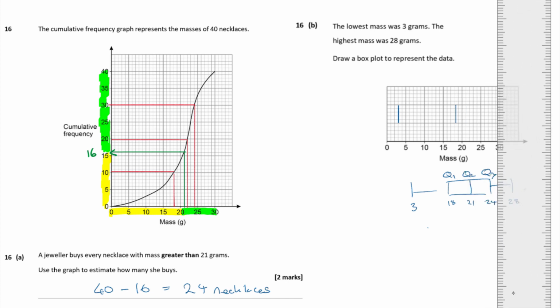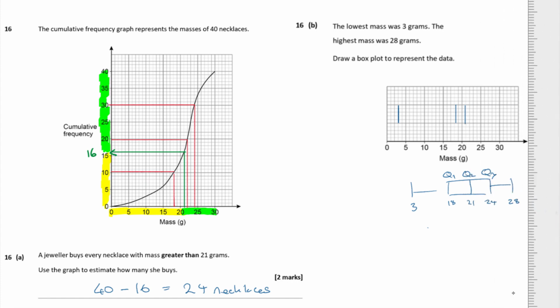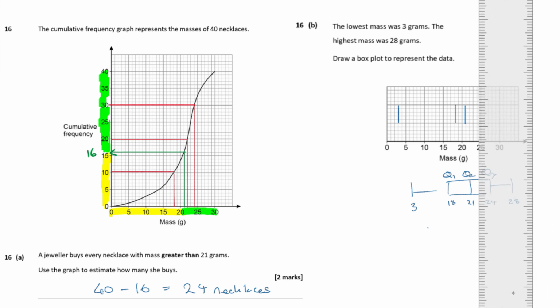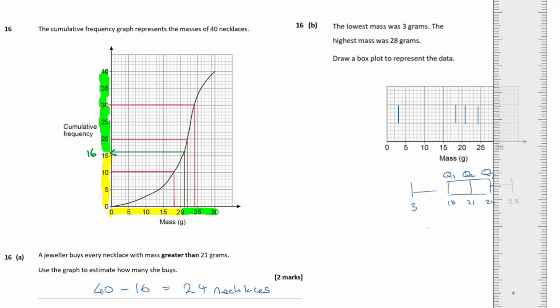I'm going to draw a line at 21 to represent the median. I'm going to draw a line at 24 to represent the upper quartile. And I'm going to draw a line at 28 to represent the highest value.